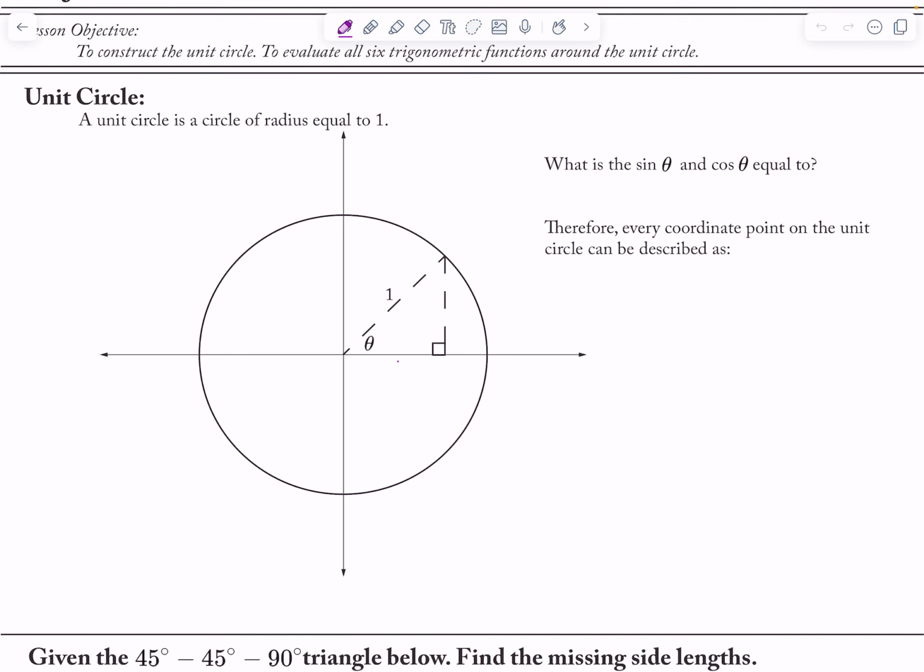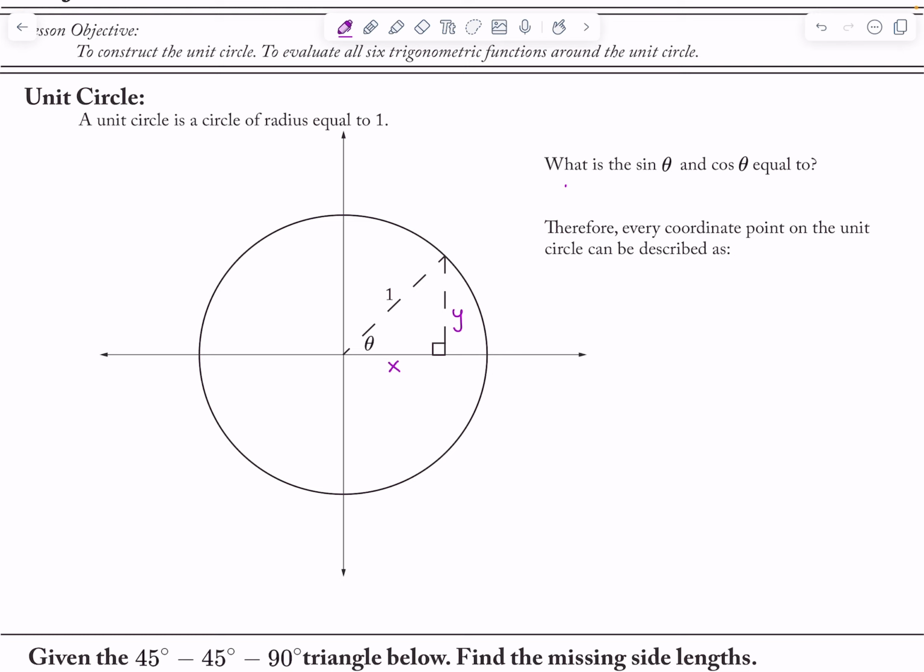to the unit circle. The unit circle is a circle of radius 1. And so I can label along my x-axis some value of x, and then on the opposite side of my theta, I can name that some value of y, because that would be some sort of height.